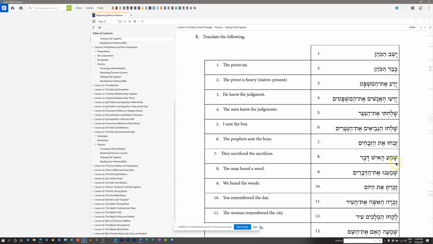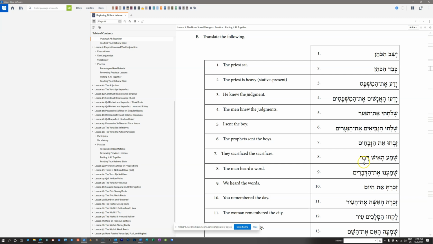Number 8, we have Shema Ha'ish Davar. All right, so here we've got our verb in the verb spot. We've got Ha'ish in the subject spot. It is definite and there's no definite direct object marker, so this is our subject. And then we have Davar in the object spot.